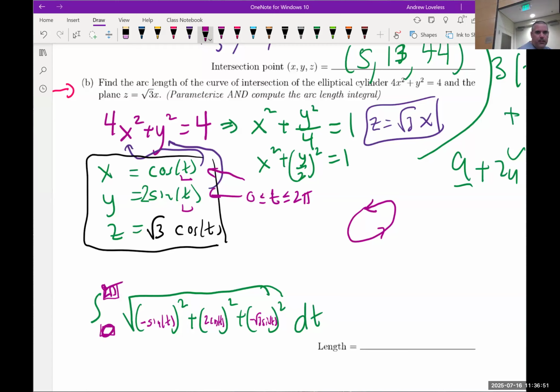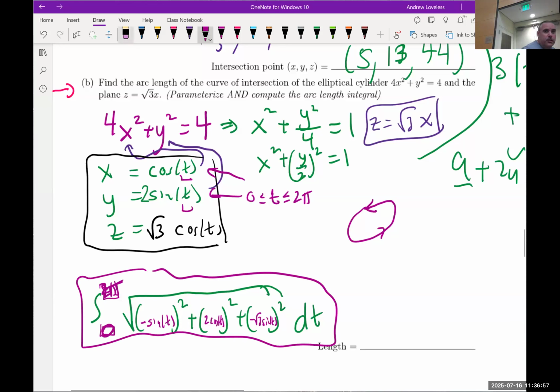So if you just want to find the length of that loop, it's going to be 0 to 2 pi. If you used a different parameterization that wasn't a circular parameterization, you'd have to figure out the biggest and smallest your parameter could be. I'm not going to compute that. It simplifies. Expand, get sine squared plus cosine squared, and it simplifies, and we get our answer.